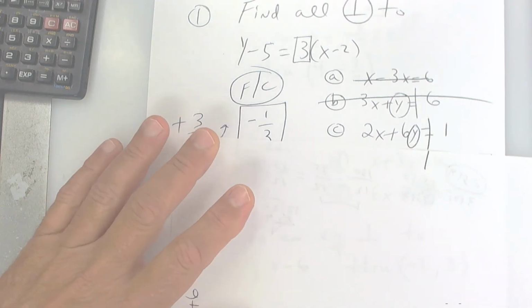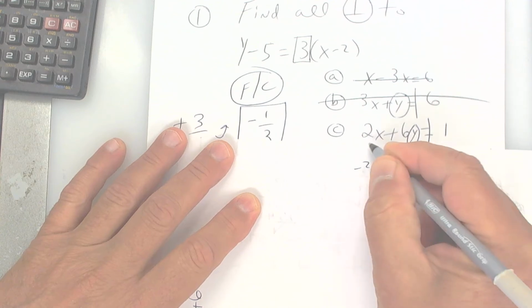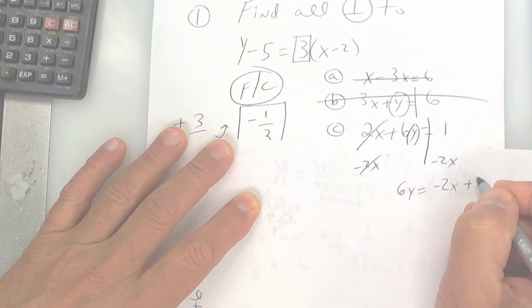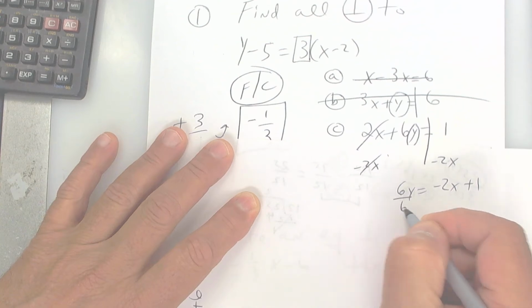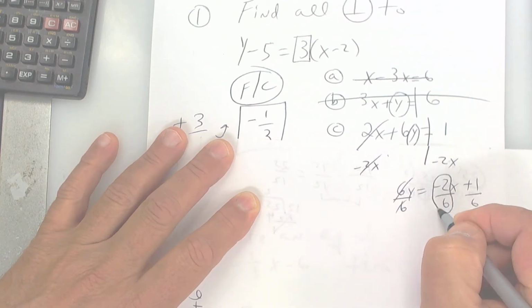I would subtract 2x from both sides. So I get 6y is equal to -2x plus 1. Now what do I do? Divide by what? Divide by 6 right here. So I get this as my slope.